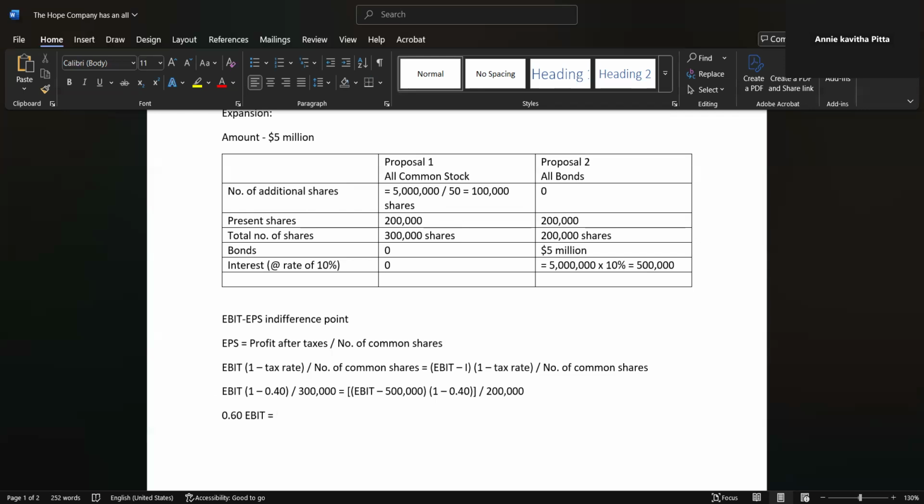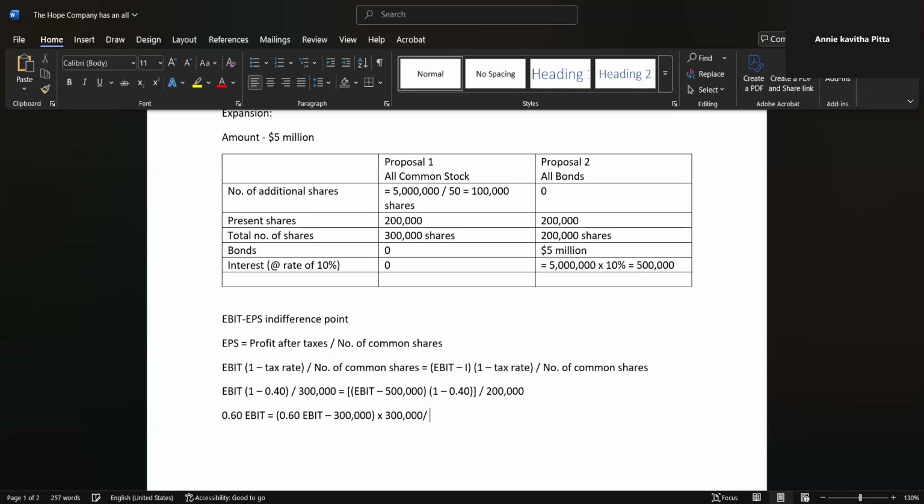So we have 0.60 EBIT minus 500,000 into 0.6. 6 5s are 30, it would become 300,000. This entire thing we have to multiply by 300,000 divided by 200,000, because it comes to this side.